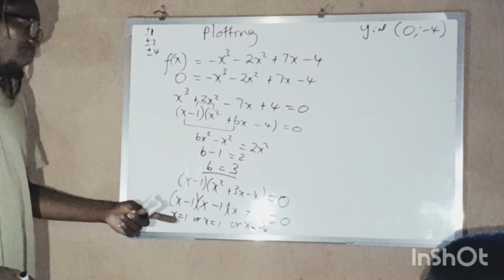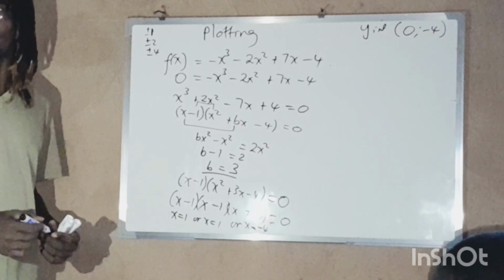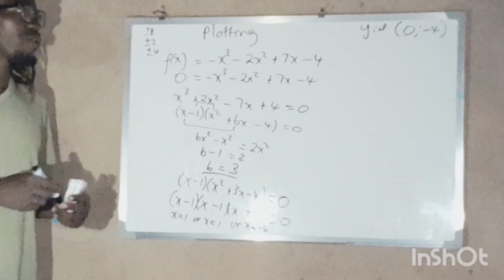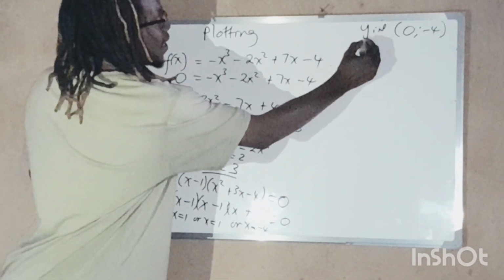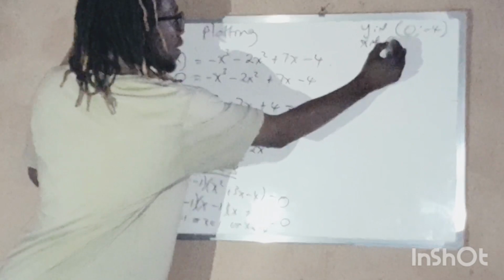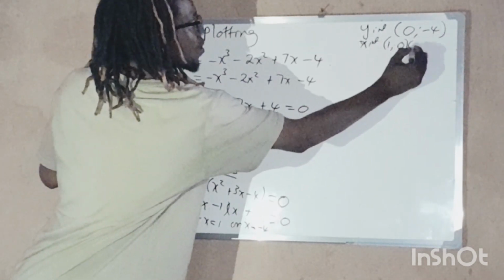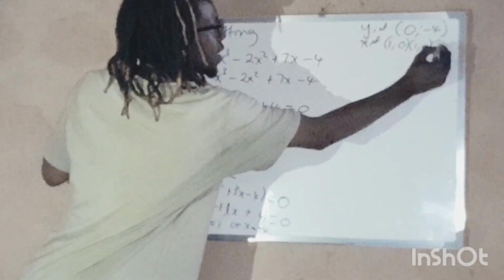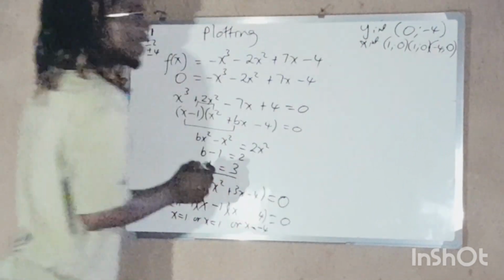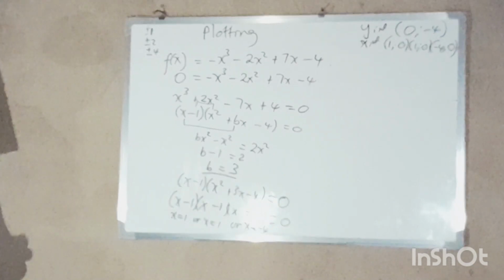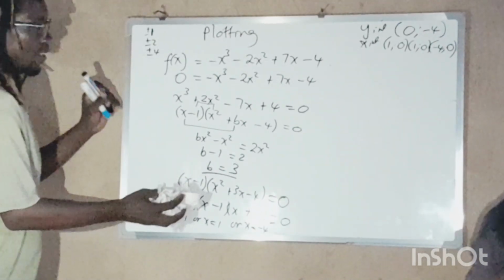And I say, if you are finding that you are having two values that are x equal to 1, it means that that is also a turning point, right? So we can write here our x-intercepts, that will be (1, 0) and (-4, 0), right? Cool. And then from there you can find the turning point, right?